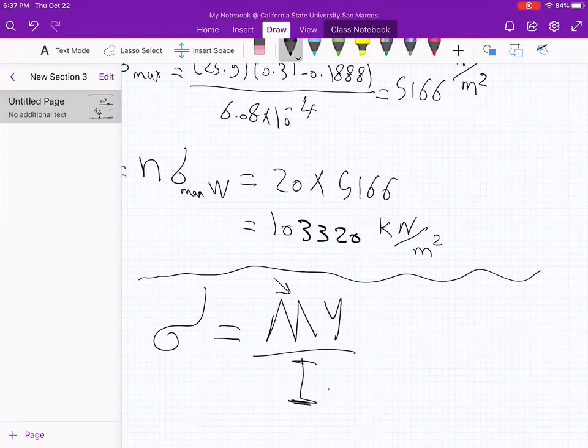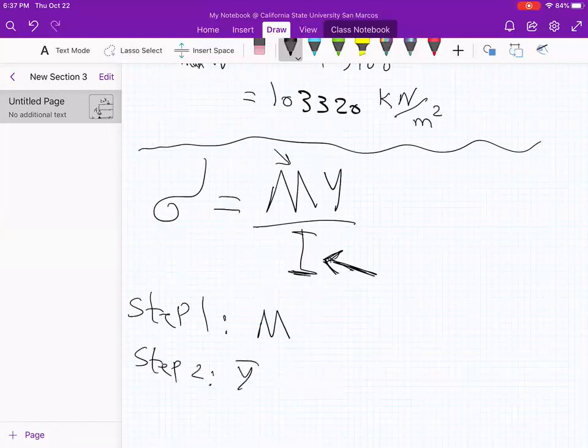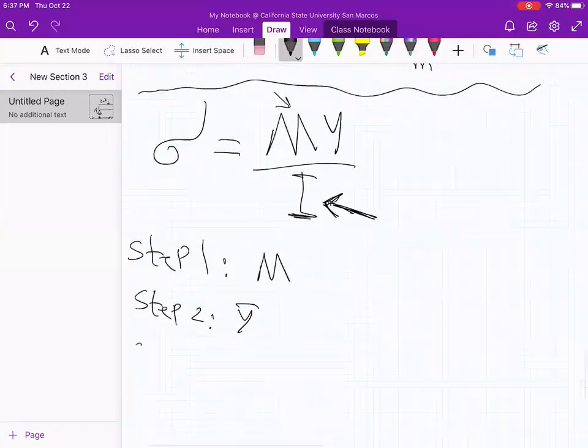The second step is to find I, and to find I, you should look at the cross section, which is also given. The first step there is to find the center of the cross section, y bar. So as a summary, step 1 is M: check whether M is given or not. If it's not given, use statics to find it. Step 2, find the y bar, because we need the y bar. Step 3 is I.